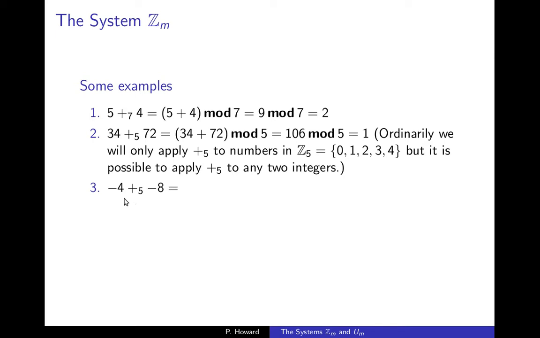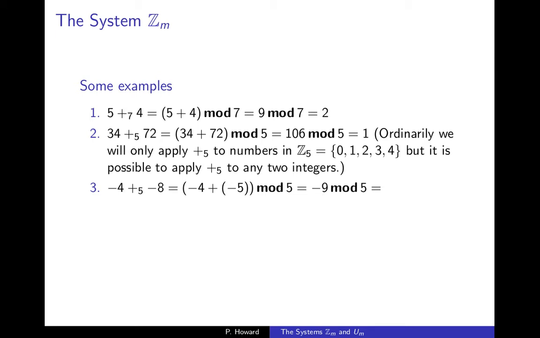And here's another example where we are using plus sub 5 on two integers which are not in Z5. Minus 4 plus sub 5 minus 5. According to the definition, this is (minus 4 plus minus 5) mod 5. And minus 4 plus minus 5 is minus 9.